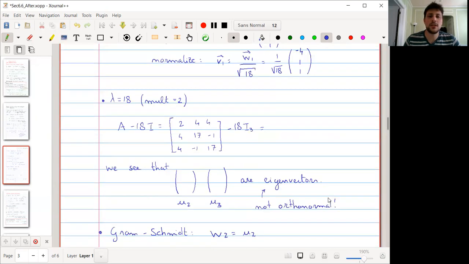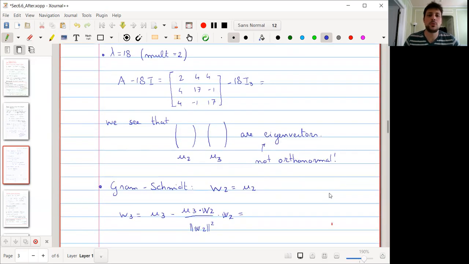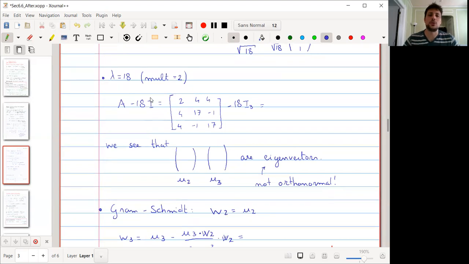Let's work with the other eigenvalue, lambda equals 18. This has multiplicity 2. So, well, yeah, we'll have to work a little bit more. At a minimum, we know that we need to find 2 eigenvectors. Let's get on with that. To find eigenvectors, again, we want to look at the null space of A minus 18 times the identity, which I'll write here.